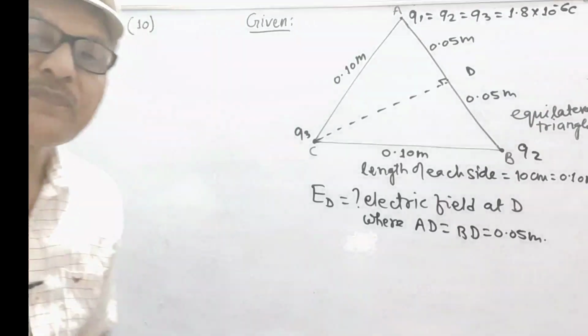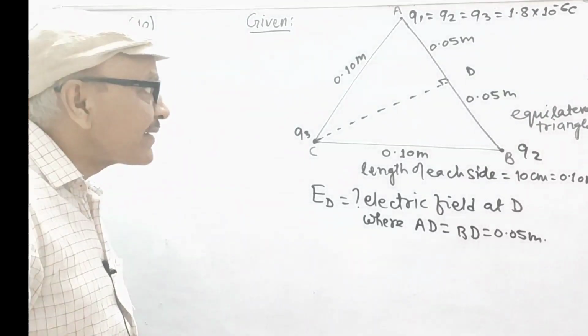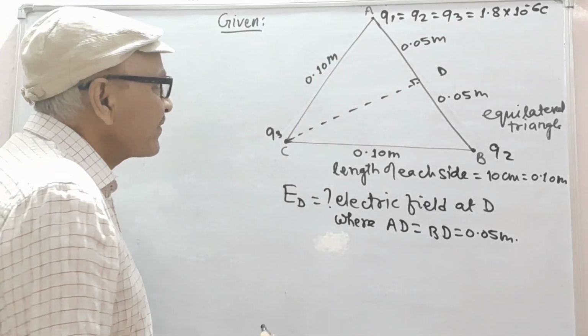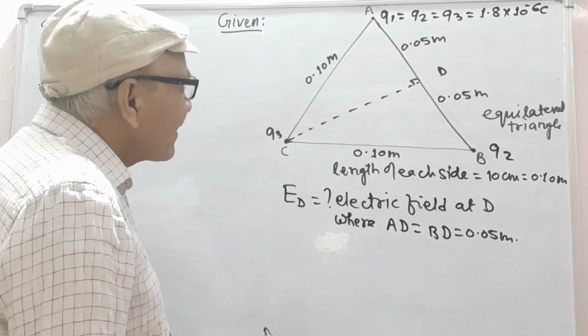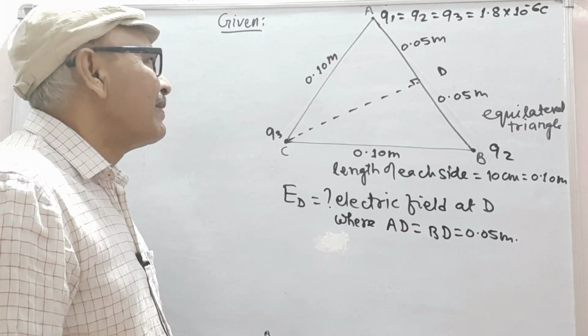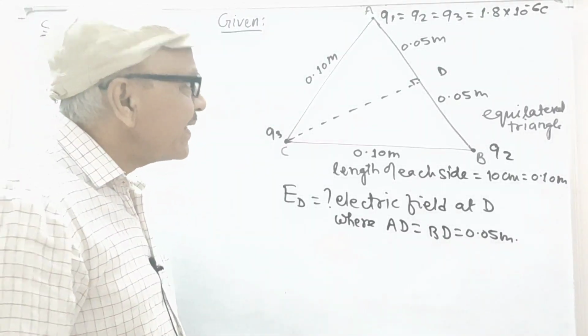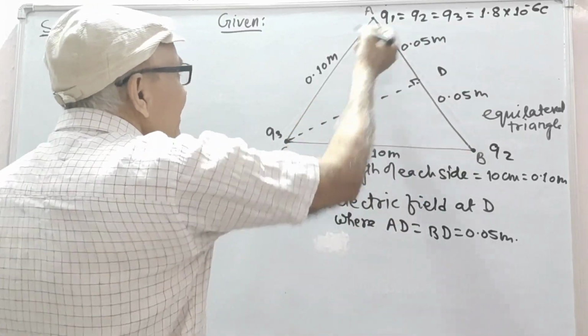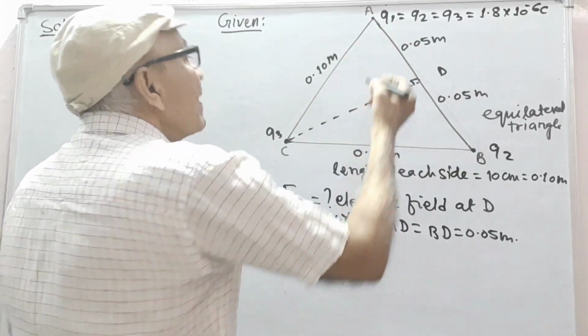Now, as we know, electric field is a vector quantity. The direction of electric lines of force is radially outwards from positive charge and radially inward to a negative charge. Here all these charges are positive.